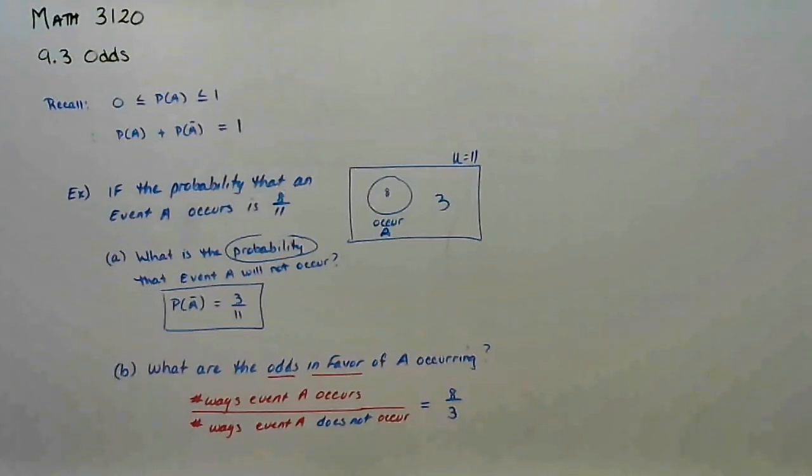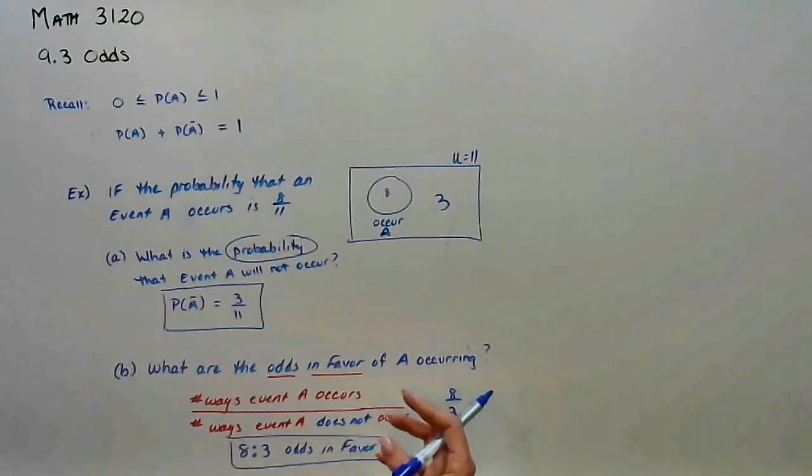So we would say 8 to 3 odds in favor. So it's important to try not to get probability, which is part of a whole, confused with odds, which is the part for divided by the part against. Okay?